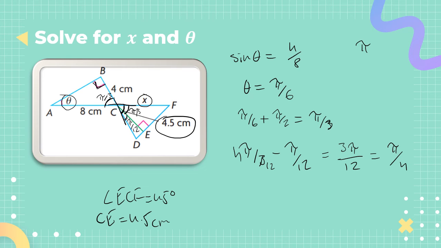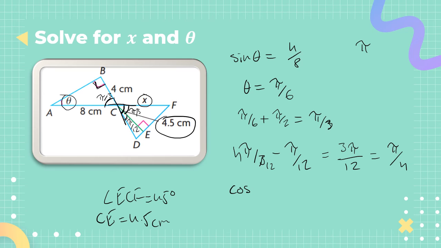Now, all we have to do is find a ratio and use one of the trig ratios to give us the value of X. If we analyze here, 45 degrees is angle ECF, and we have the side adjacent to it, and X is the hypotenuse. So in this case, we'll have to use cosine, because cosine, as we learned, is CAH: cosine is equal to adjacent over hypotenuse.